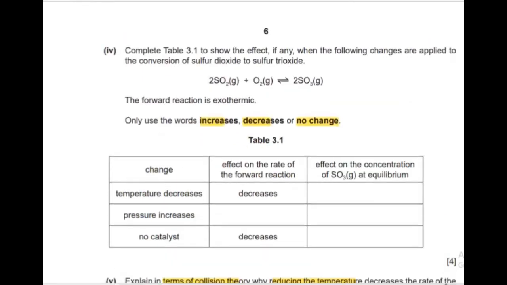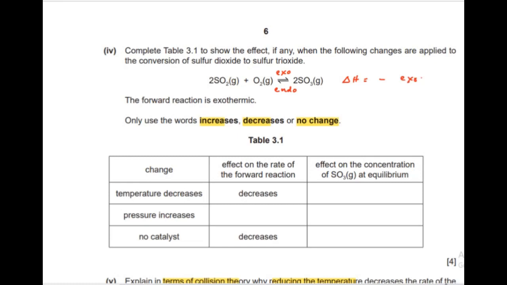So this is another question. Now you have to explain in terms of shifting of equilibria and the rate of reaction. The forward reaction is exothermic, which means the reverse reaction is endothermic, and the overall reaction is also exothermic.